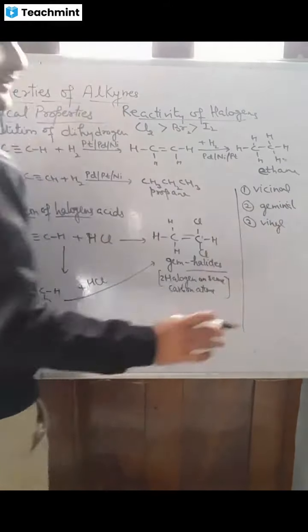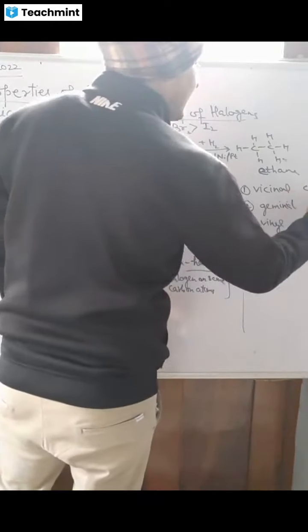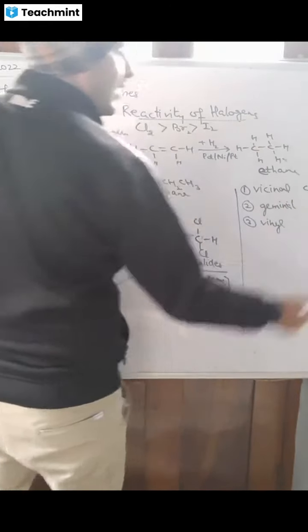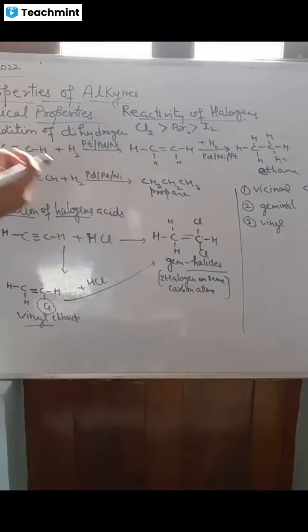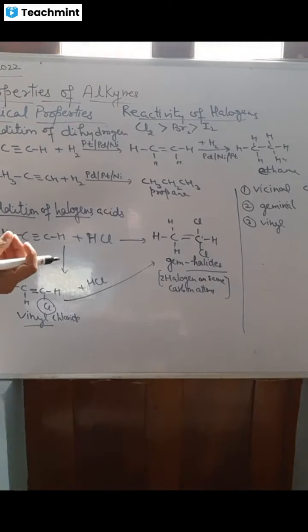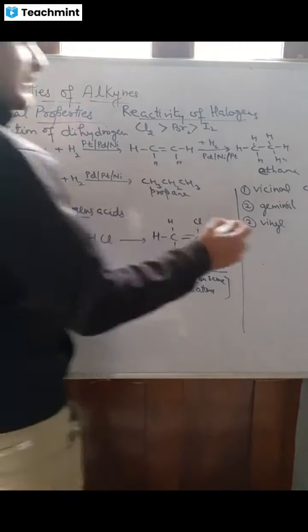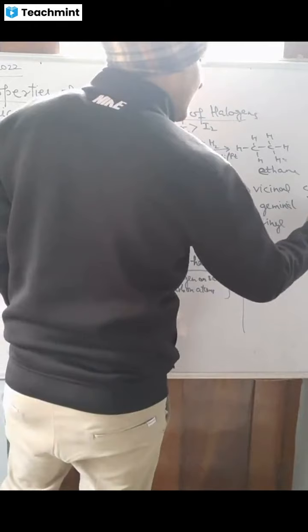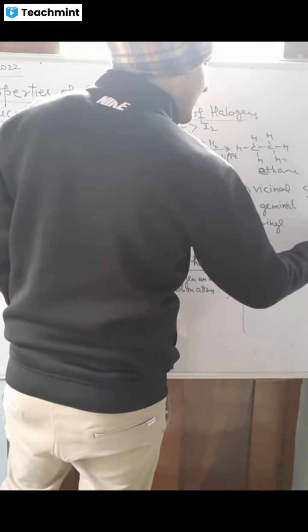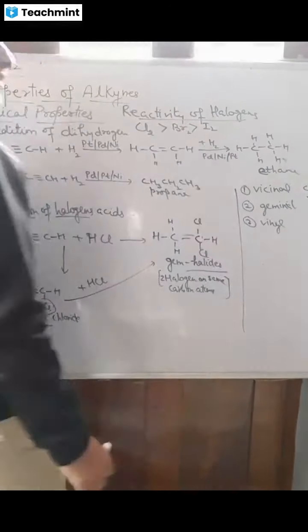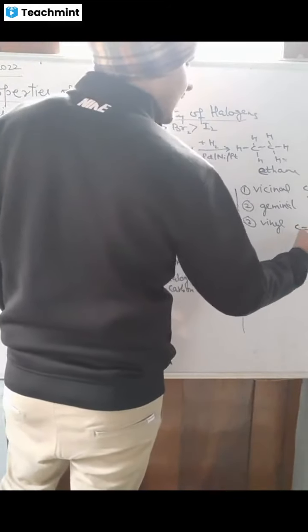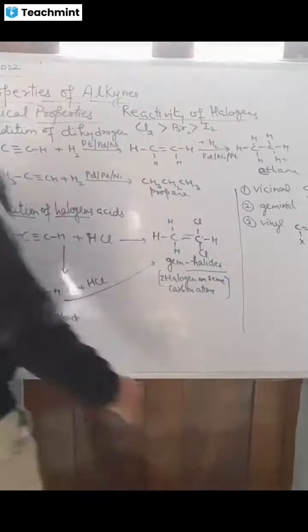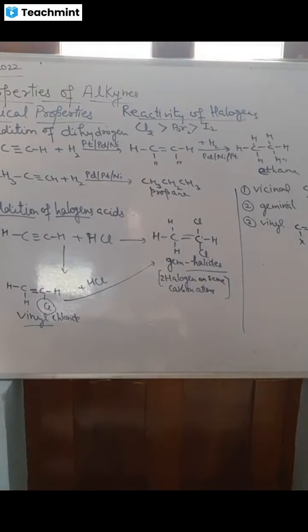The simple thing is that in vicinal we have groups on adjacent carbons. When they are present on the same carbon, they are known as geminal. And when they are connected to a carbon of the double bond, it is known as vinyl.